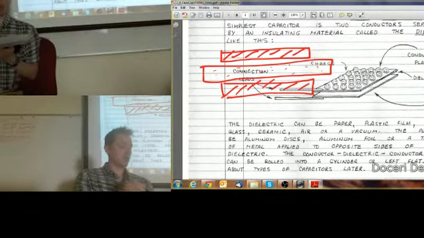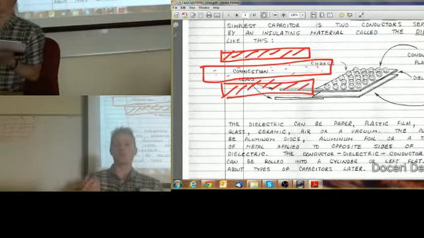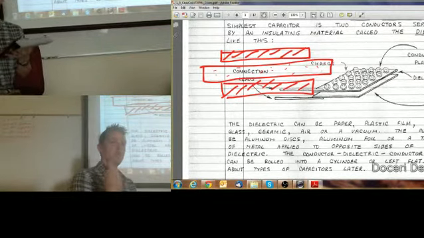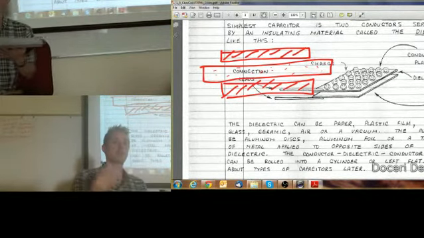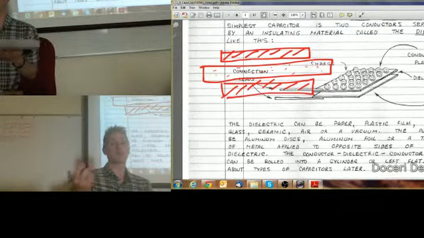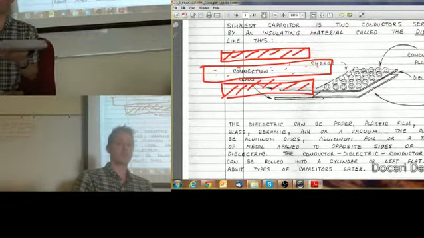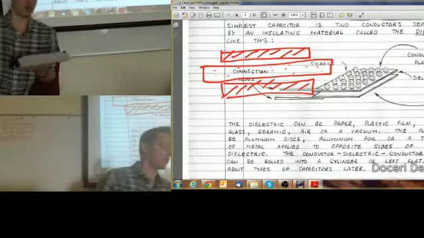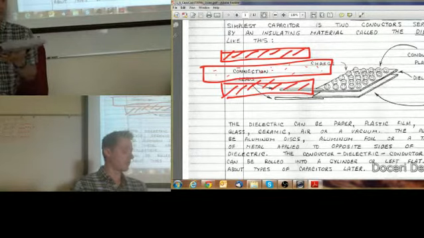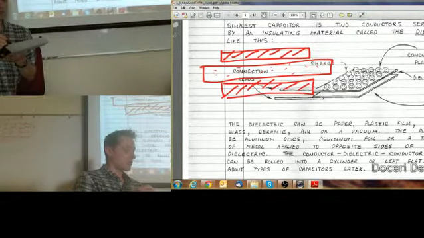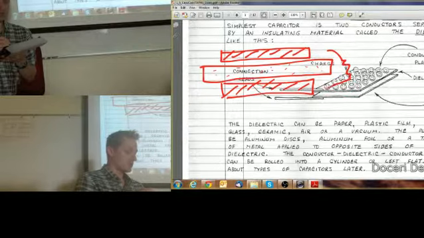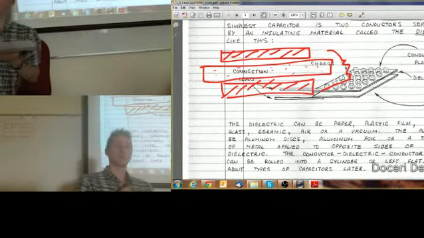Sometimes you can even have electrolytic capacitors. They have a gel inside there, or a liquid that's non-conductive, like for example an oil, which would be non-conductive to electricity but would induce charge very well. But anyway, the dielectric you put in here can have a resistance from one plate to the other.